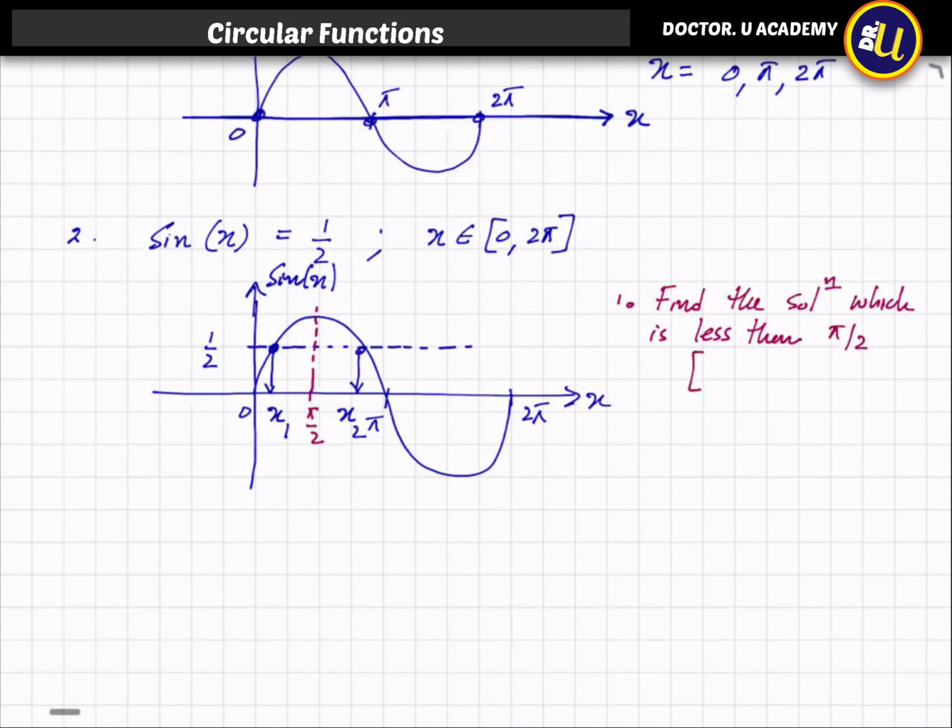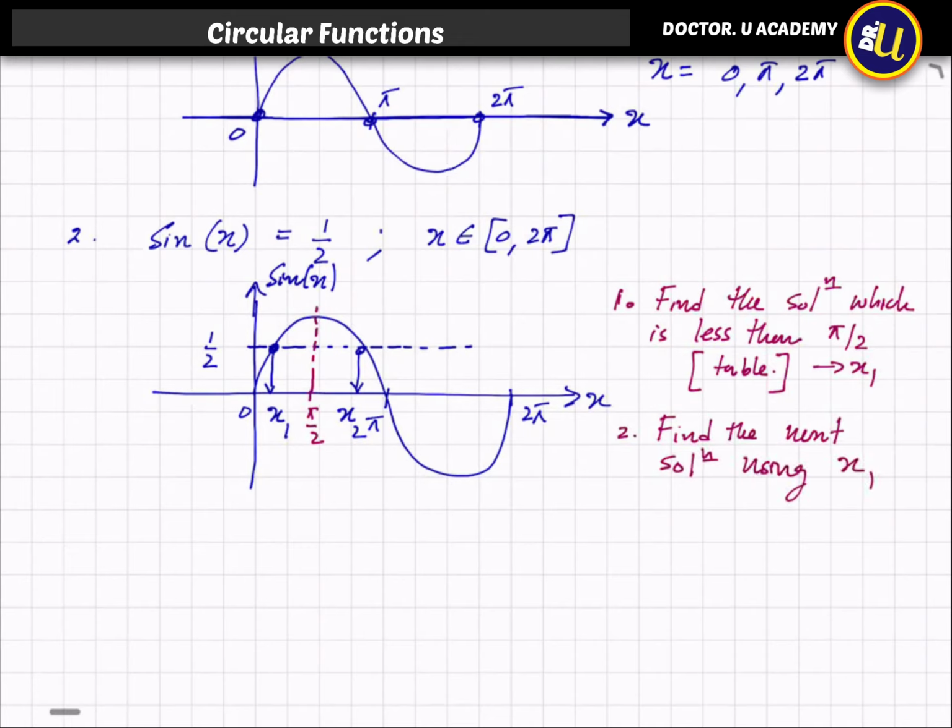How to do that? Using the table. Second one, find the next solution. So the solution is x1, right? So find the next solution using the previous solution x1.